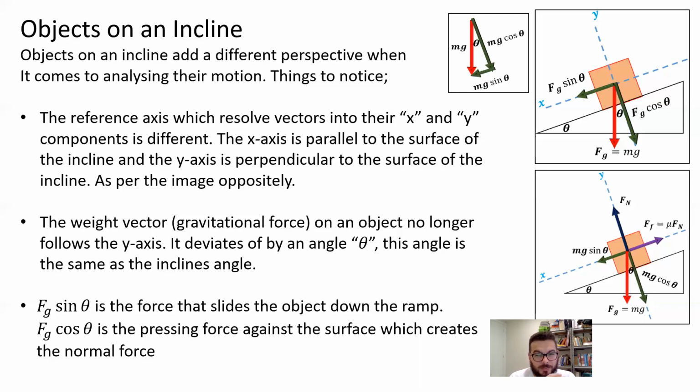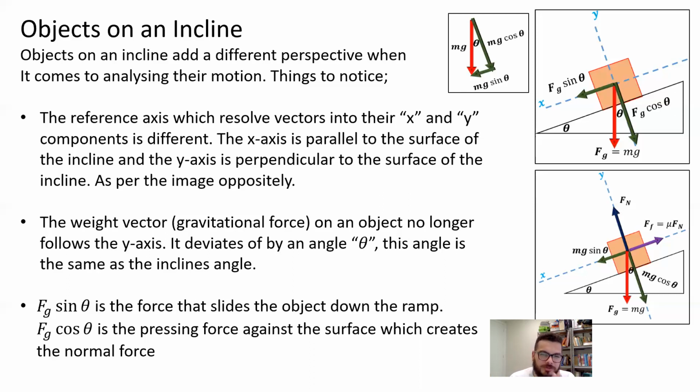Before, when the object was flat on the floor, the weight vector would pass directly through the y-axis. Here it deviates from the y-axis by a particular angle, and that angle is the same as the angle of inclination.